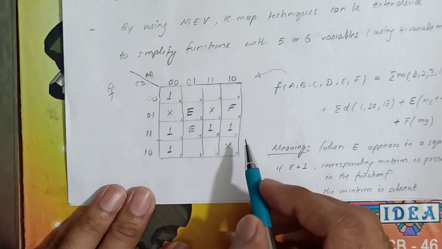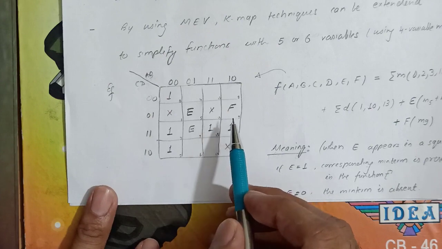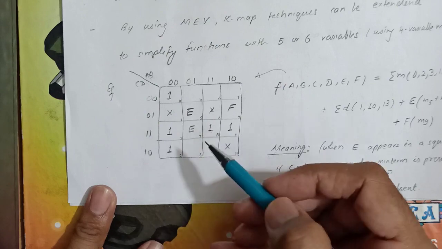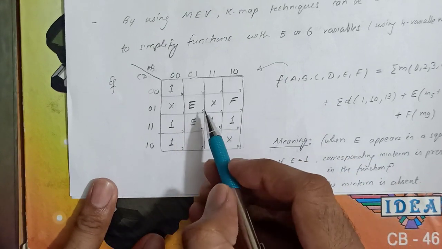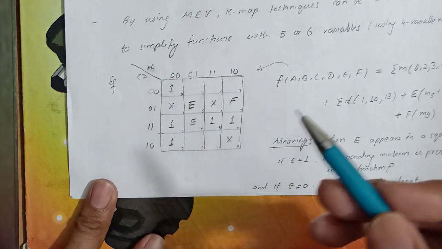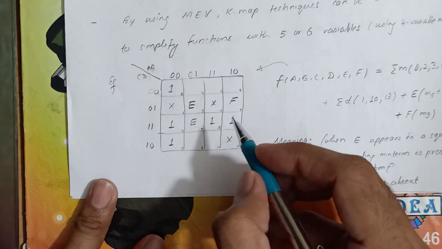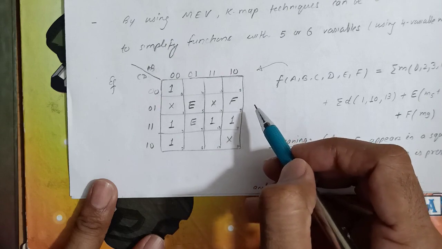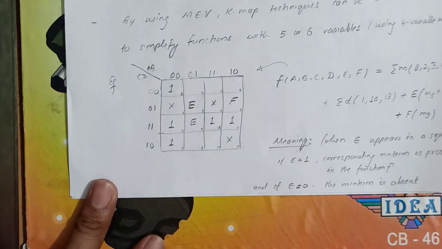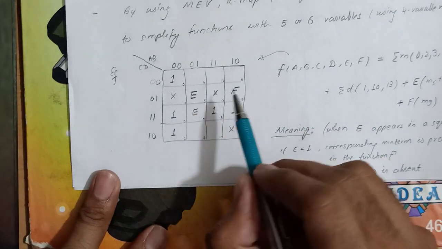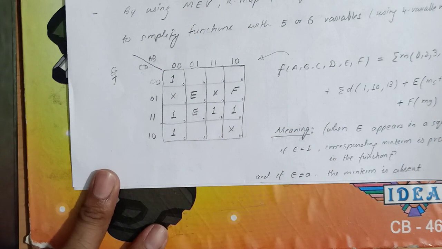Okay, so most of the time in a K-map we generally have 1 or don't care. But in this case, we will enter some variable into the squares of the K-map. We will discuss what these variables mean, but other than 1 and don't care conditions, we can also enter a variable into the map. Okay, so whenever we enter any variable into the map, what will be its meaning?